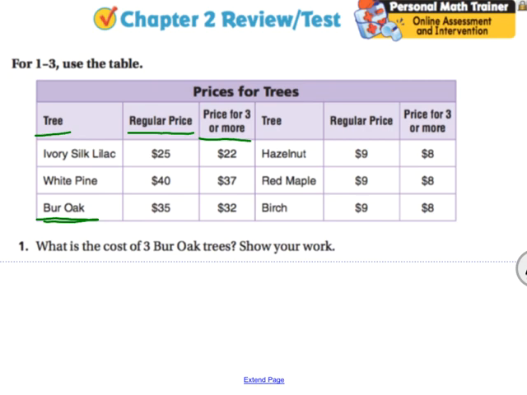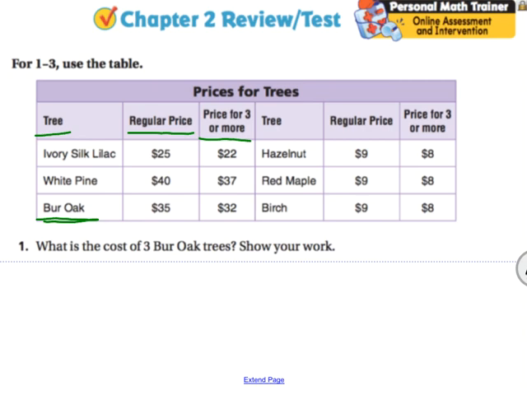Bur oak trees, the regular price is $35. So if I buy 1 of them, or if I buy 2 of them, I still have to pay $35. But if I buy 3 or more, I get the price of $32 each.